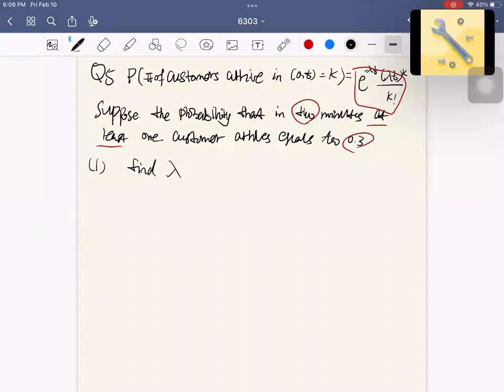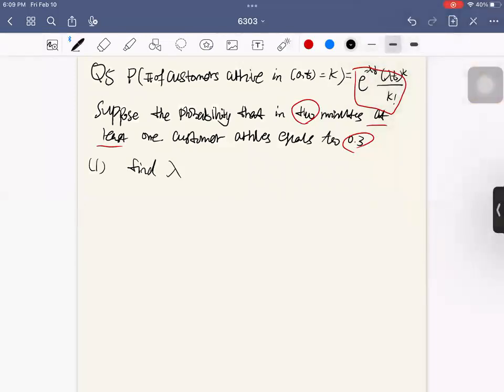It says at least one customer arrives. So that could be one customer, two customers, to infinity customers. So here, we will use P naught, that means in 2 minutes, no customer arrives.